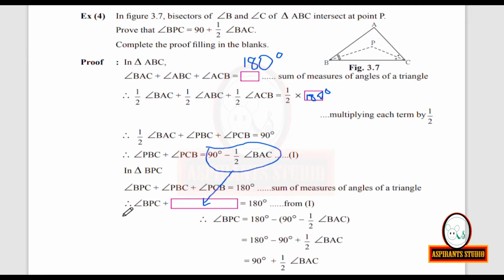Now, keep BPC on one side because we want to prove measure of angle BPC is equal to something. So, you want measure of angle BPC on the left hand side. Keep it here but take the remaining to the other side of the equal to sign. What is here? 90 degrees minus half of measure of angle BAC.